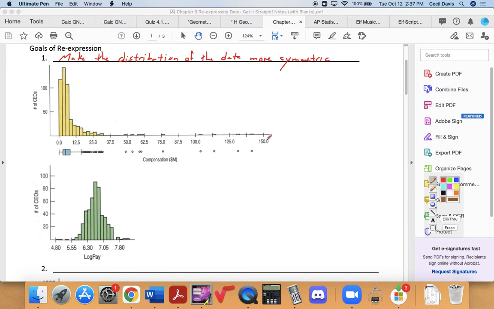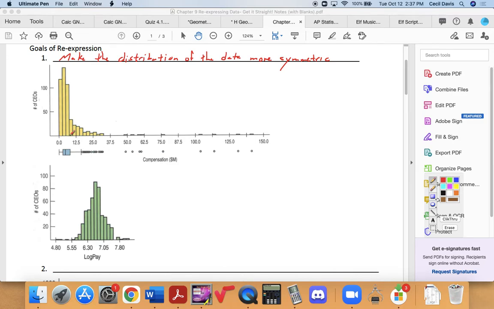If it's way spread out like this, then by taking the logarithms, now we get something where I could probably find the mean and the standard deviation and talk about that reasonably. Whereas with this, our only hope is to talk about the median and the IQR, which doesn't allow us to do as many things, because then we can't do z-scores.